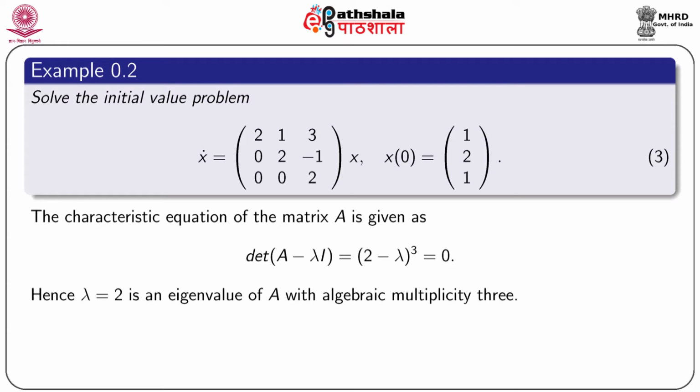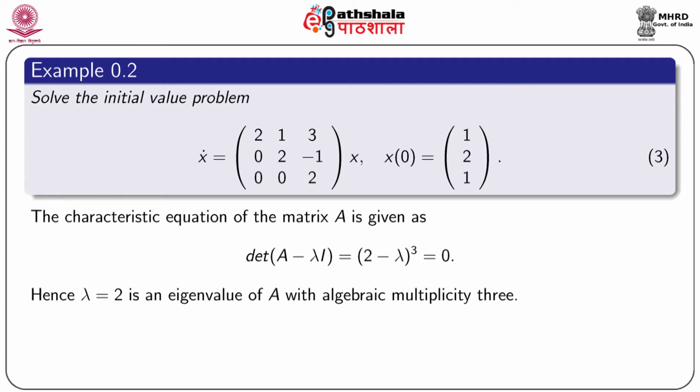The characteristic equation of this matrix A, by definition, is given by determinant of (A minus lambda I) equal to 0, where I is the unit matrix. If you do that, you will get the determinant of [2 minus lambda, 1, 3; 0, 2 minus lambda, -1; 0, 0, 2 minus lambda] equal to 0.